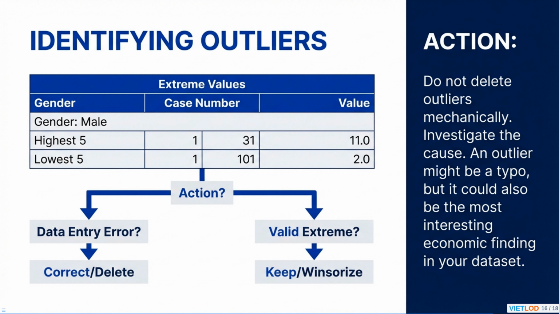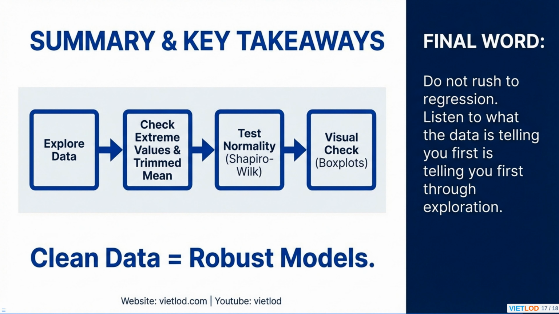Instead, you must investigate the cause. There are two primary scenarios to consider. First, the extreme value could be a simple data entry error. Perhaps a distance of 20.0 was mistakenly typed as 2.0. If this is the case, the appropriate action is to either correct the error or, if uncorrectable, delete the entry.